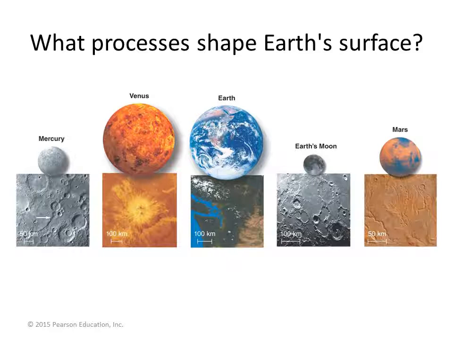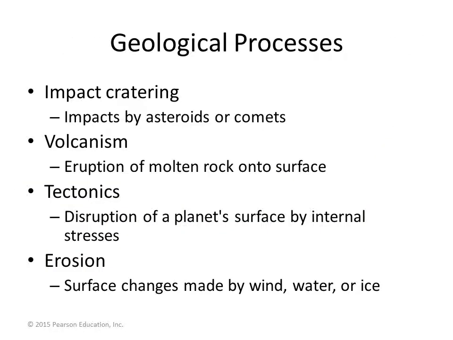So what processes shape Earth's surface? We see some differences in size, of course, of these objects, but we also see some differences in the nature of the surface of each. There's impact cratering, which has occurred and still occurs due to asteroids or comets or smaller objects such as meteors.